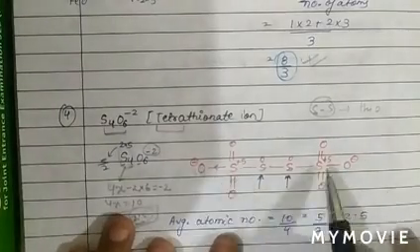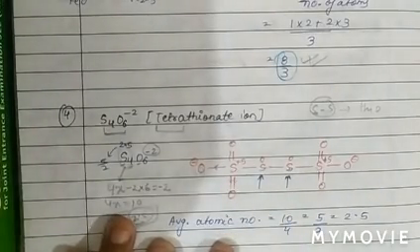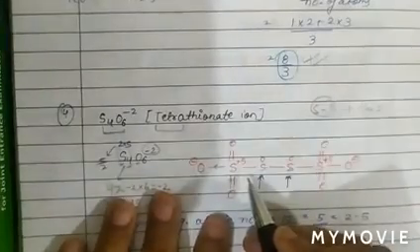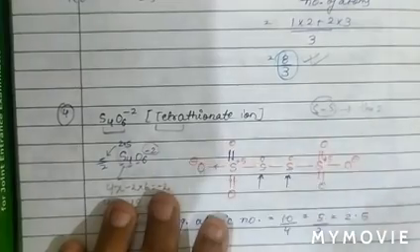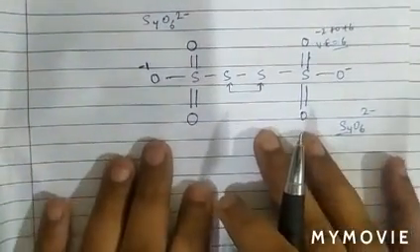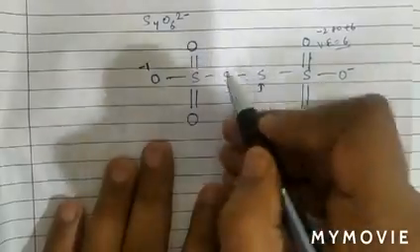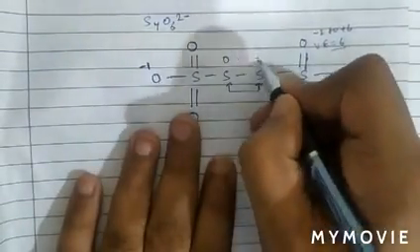Now we have two more sulfur atoms. We have calculated the oxidation state of these sulfur atoms: this is 0 and this is 0.